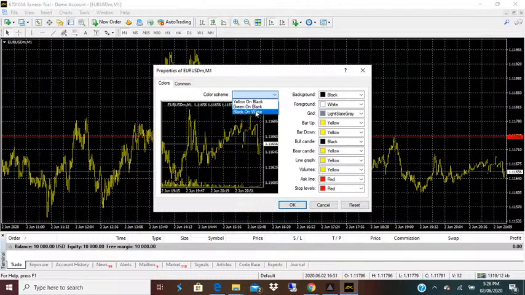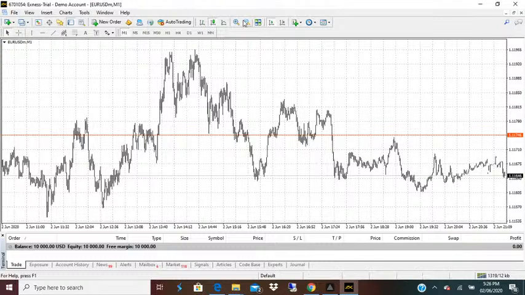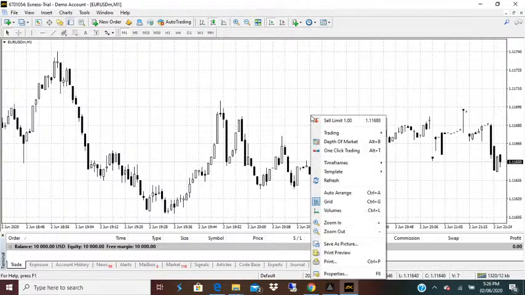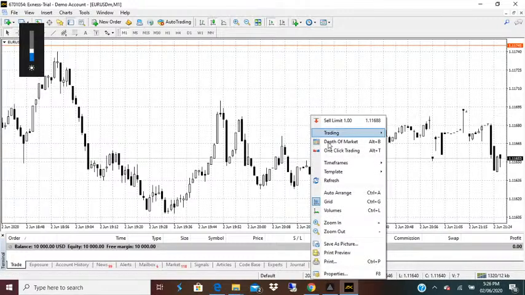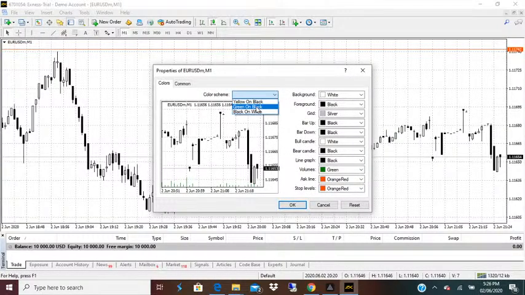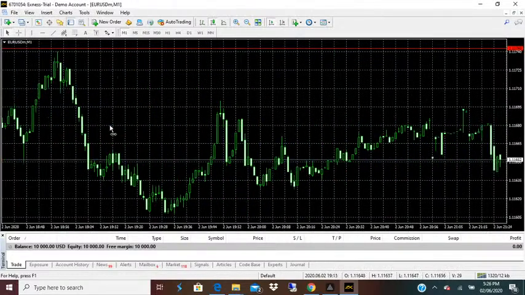So if you want to have it black and white, you can click that and it will automatically give you, for your buy candles, white and for your sell candles, black, of your choice, right? So right click, go back to properties, right? And they also have the green option as well, right?